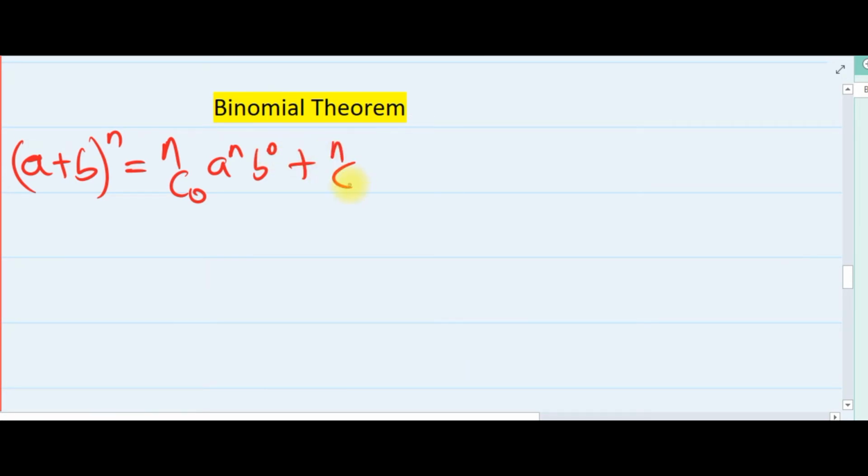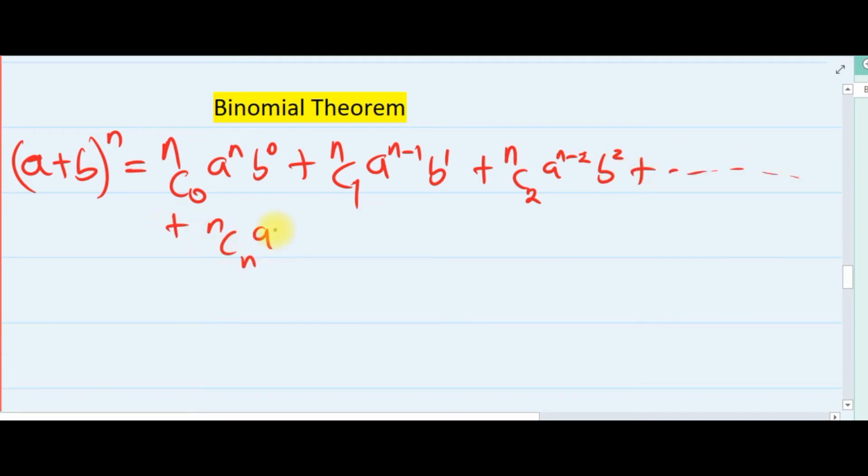plus n combination 1 a^(n-1) b^1 plus n combination 2 a^(n-2) b^2 down to n combination n a^0 b^n.